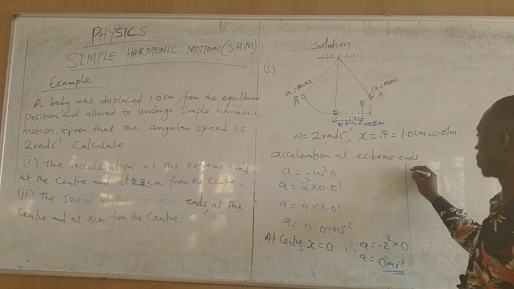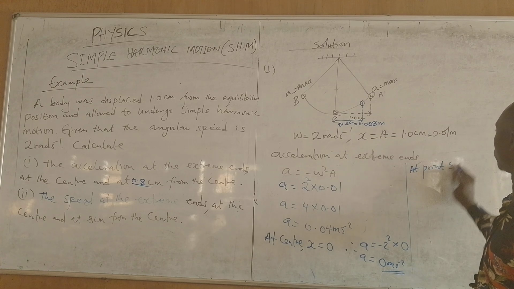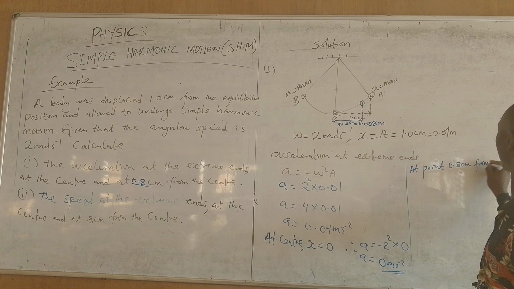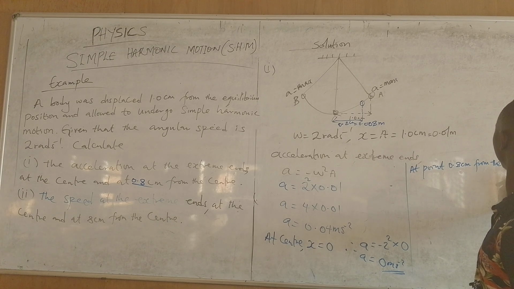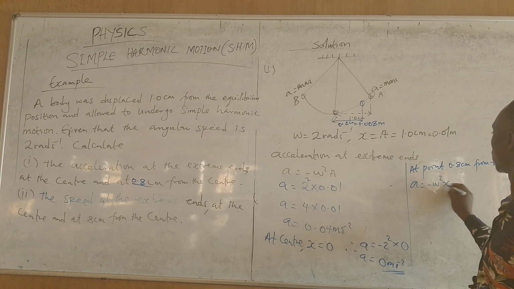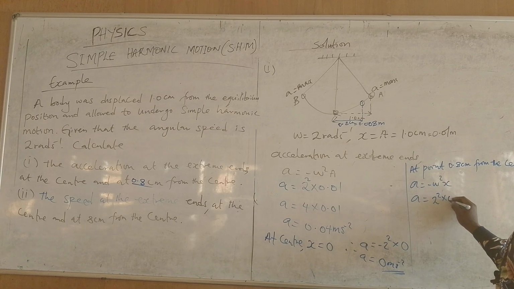So what's our acceleration there? At 0.8 centimeter from the center, a will now be equal to minus omega squared x, and a will be equal to 2 squared times, you can ignore the minus I told you, 0.008.